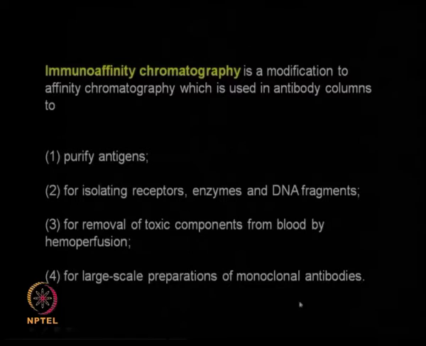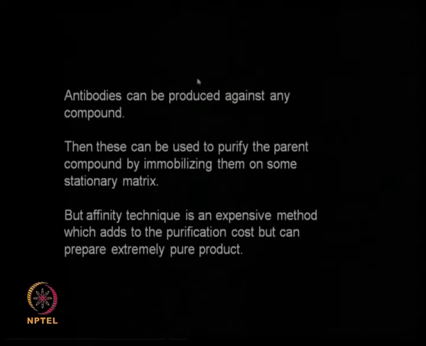So for such antibody type of purification we use this immunoaffinity chromatography. If you want to remove toxic components from blood, that is called hemoperfusion. Basically, we can produce antibodies for any compound.